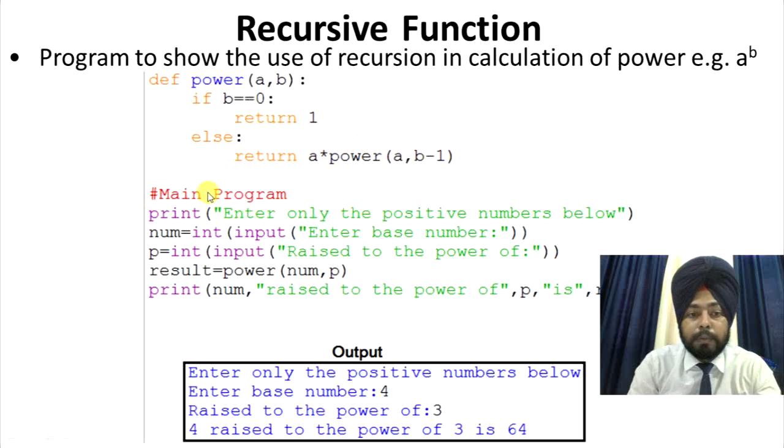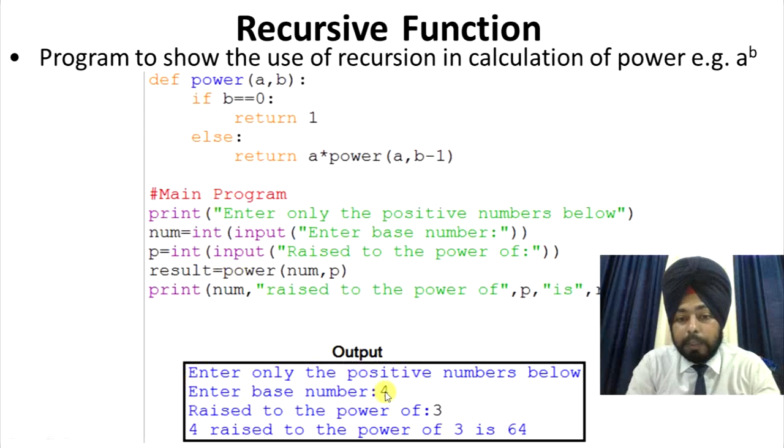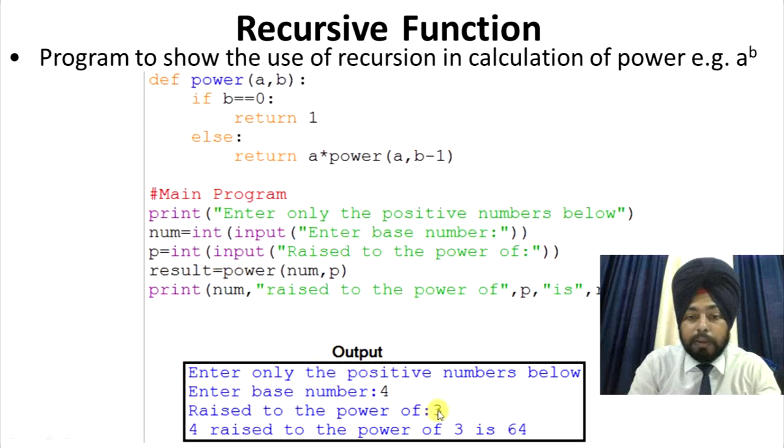The main program is written here, and then we'll get this output. If we enter the base number 4, then we enter the power 3, we'll get the answer: 4 raised to the power of 3 is 64.